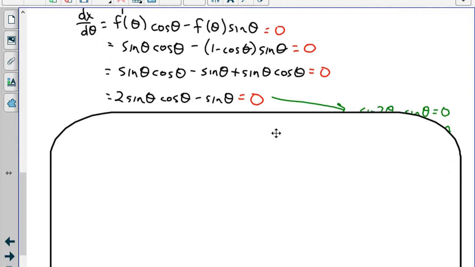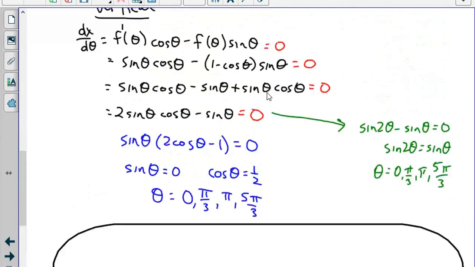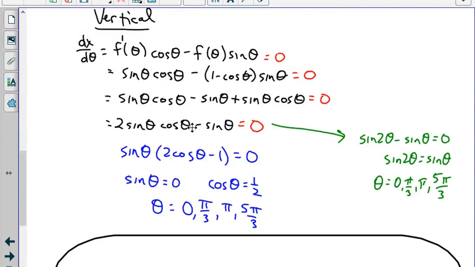And then I can either factor, which will show up on the left, or I can replace 2 sine cosine with sine of 2 theta. That's another trig identity that you learned in Algebra 2 and pre-calculus. So I could do either way. I could factor and get these 4 answers, or I could replace this with sine of 2 theta and realize that sine of 2 theta equals sine theta at those 4 same values.